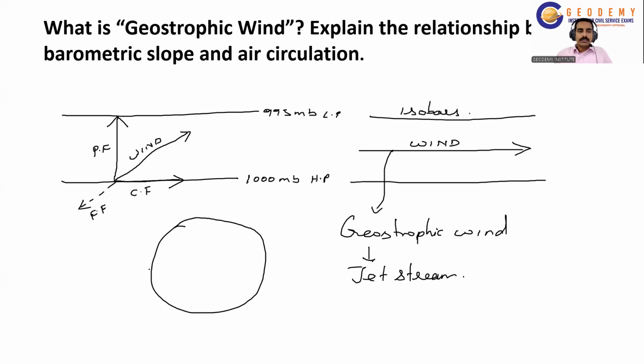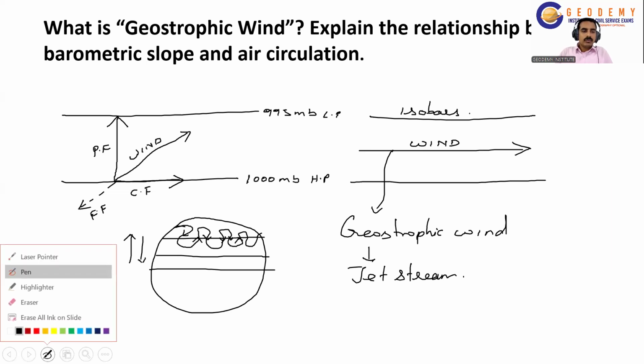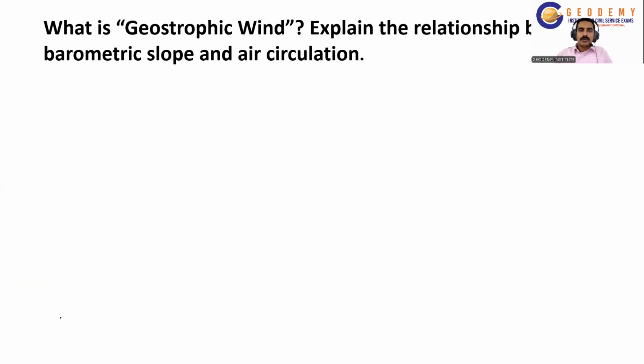On the surface, the pressure gradient force will be in these directions and the isobar will be here, but the jet stream blows from west to east like this. So this is the best example for the geostrophic wind.